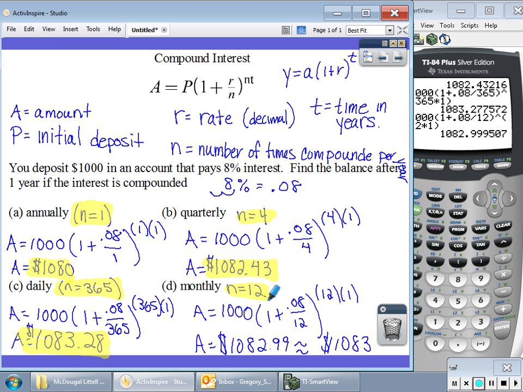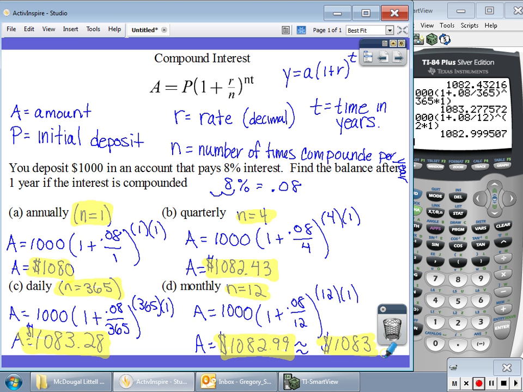And when n was 12, we had 1,082.99, which was about 1,083 when we rounded. As n increases, the number of times you compound increases, the more money you make. From 1, we were just at 1,080. Then at 4, we were at 1,082.43. At n equals 12, we were at 1,083, and then finally with n equals 365, we get 1,083.28. So the more often you compound, the more money you're going to make.